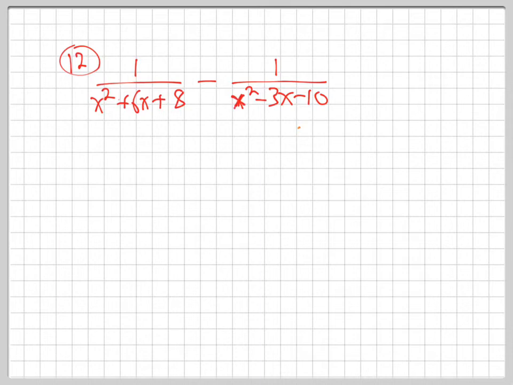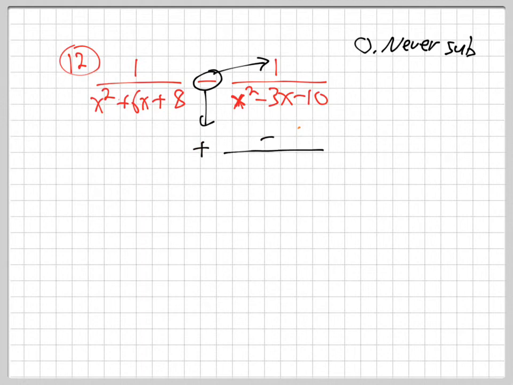Okay, so step 0. Remember what step 0 was? Never subtract. So what do I do? Take that minus, move it to the upper right, and change to adding. Add the opposite. Now, don't put the denominators yet.